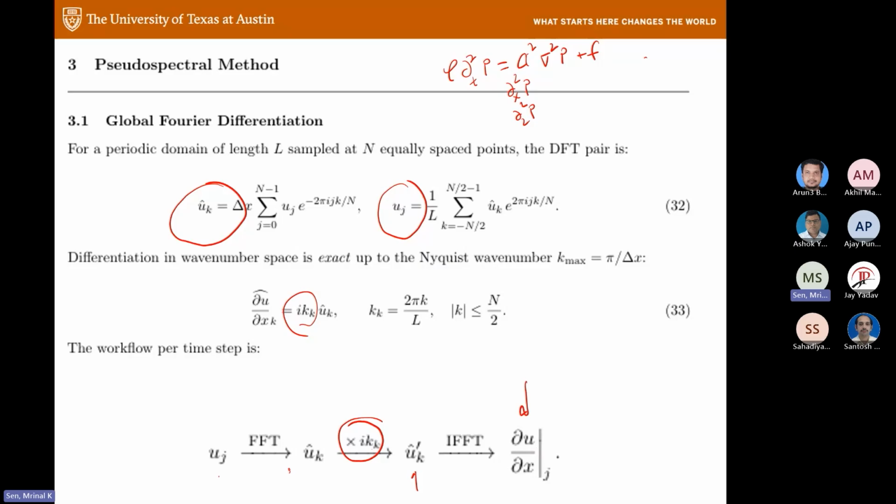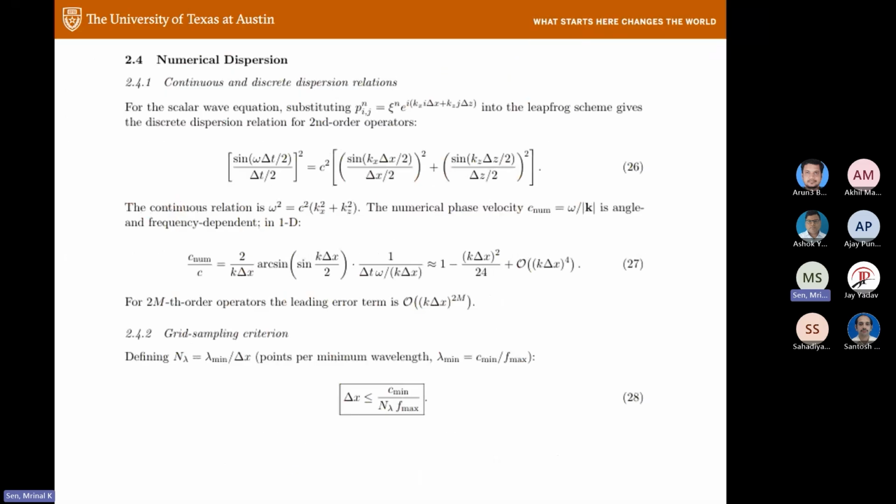So this involves one forward and one inverse Fourier transform. Then you can discretize your time derivative in finite differences. You can also do frequency wavenumber, which is another approach.